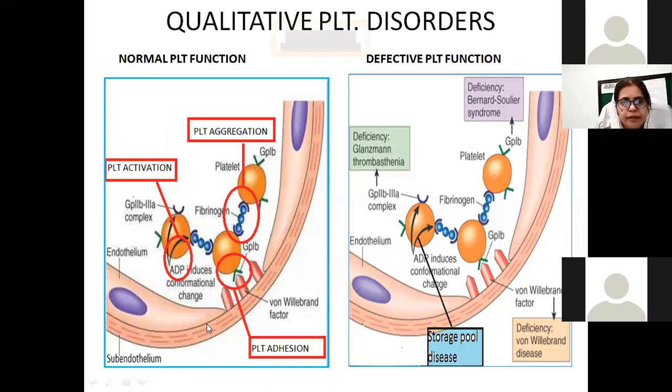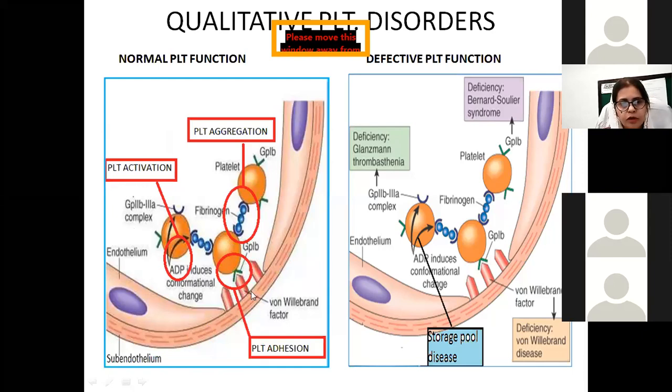But whenever there is damage, this subendothelial tissue, which includes von Willebrand factor and collagen, is exposed. Now the platelets come in contact with von Willebrand factor and agglutinate through receptor glycoprotein 1B. This first step is called platelet adhesion.